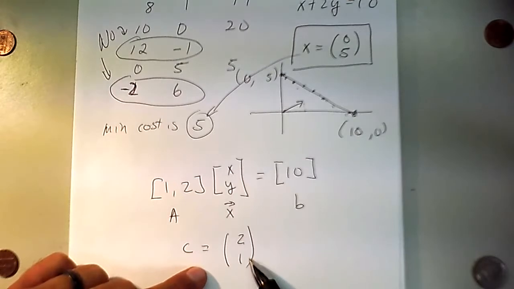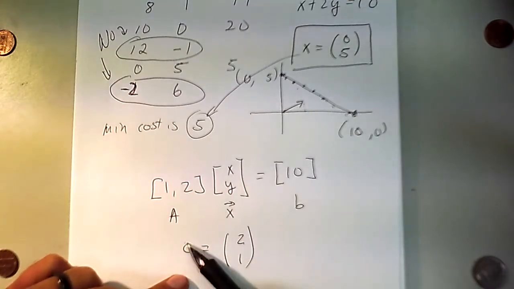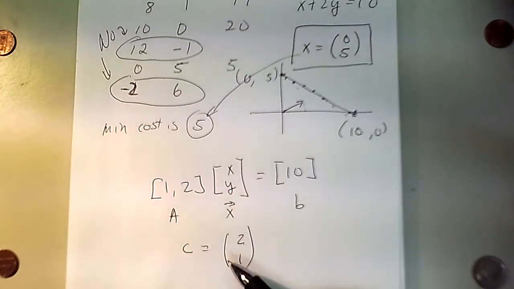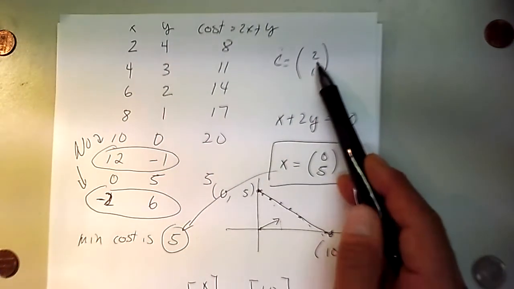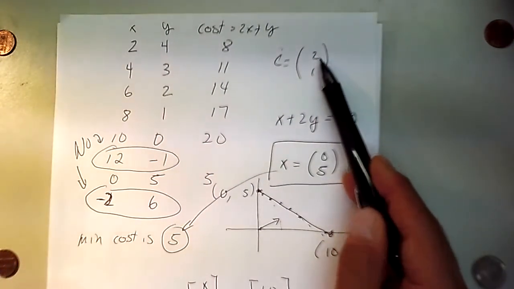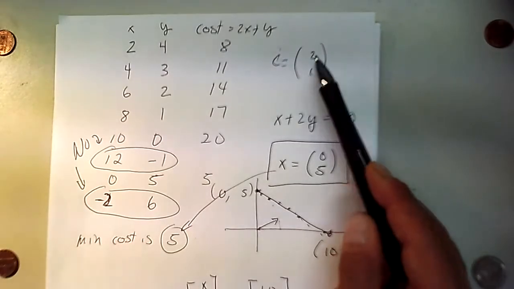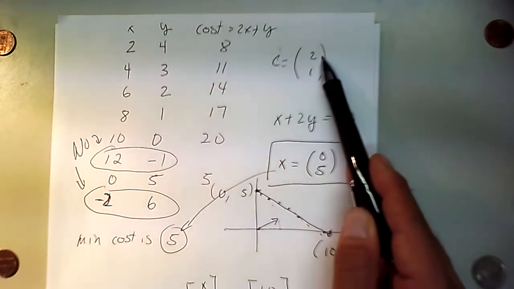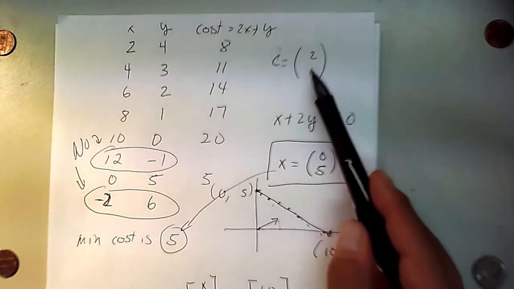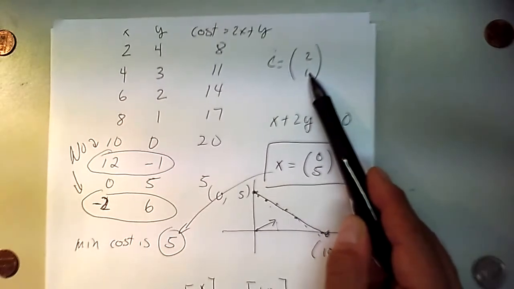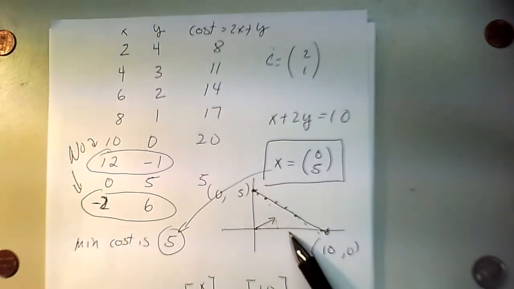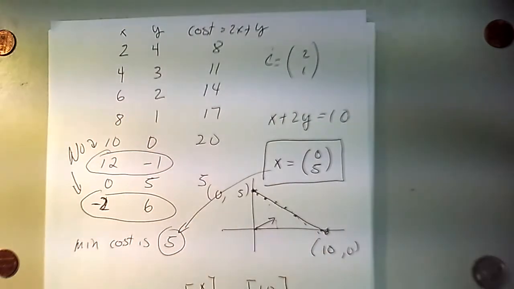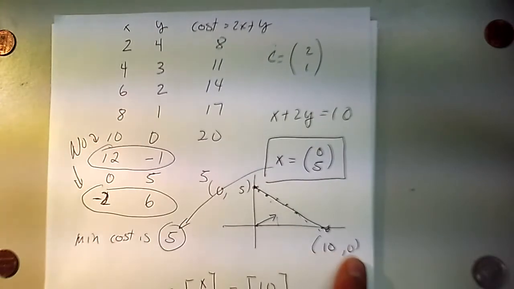Sometimes we want to maximize the profit, in which case the vector would be P. And that's easy to fix. Instead of spending $2 for every x and spending $1 for every y, if we were to earn $2 for every x and earn $1 for every y, then it would be in our best interest to have more x's, because we earn more per x.